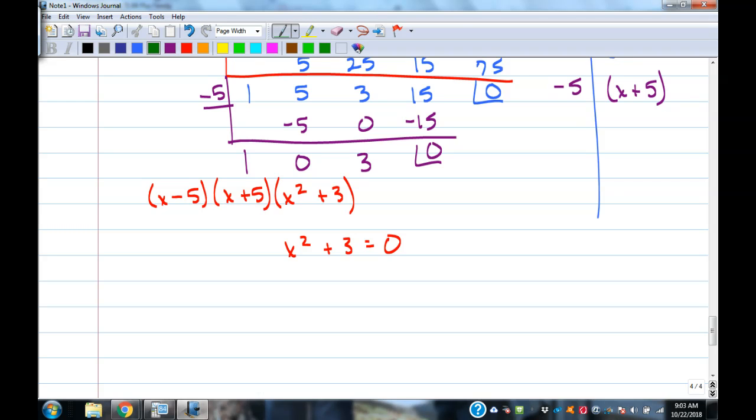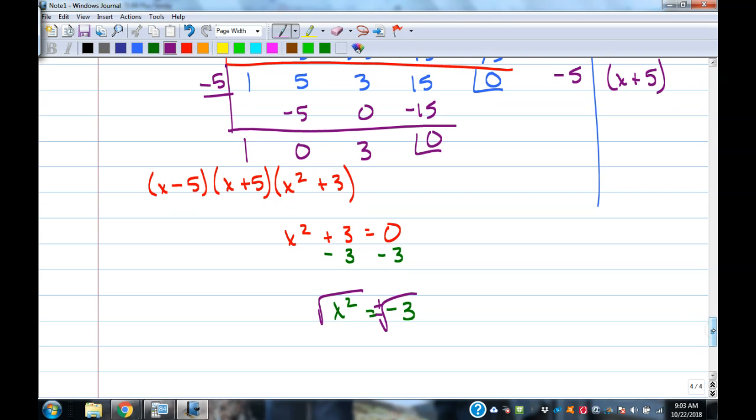B is 0, A is 1, C is 3, and you can work it out that way. Or you could just get x squared by itself and then take the square root. That's what I'm going to do. X squared is equal to -3. Take the square root, plus or minus in front of that one. What's the square root of -3? It'd be i radical 3, right?